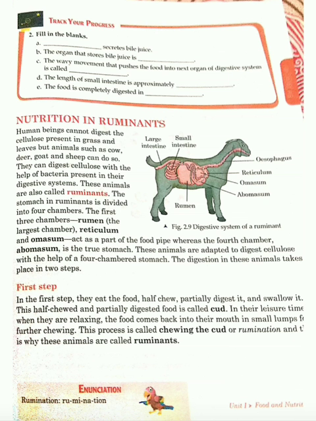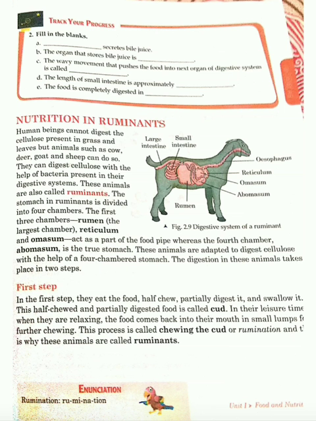We can say the omasum acts as a part of the food pipe, whereas the fourth chamber, called the abomasum, is the true stomach of the ruminant animal. Okay, so these animals have the adaptation that they can digest cellulose with the help of this four-chambered stomach. So two steps are involved in the digestion of this type of animal.